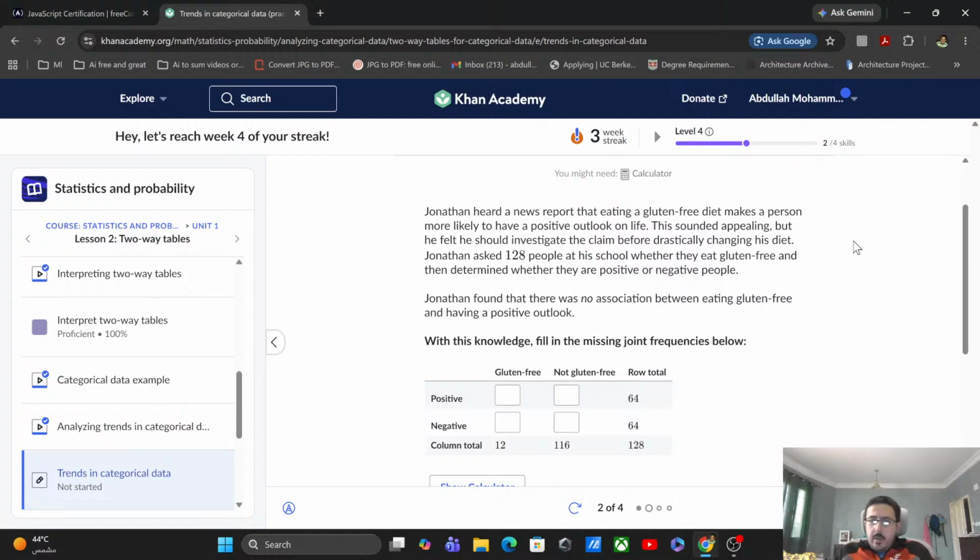The positive and negative totals, on the other hand, are 64 and 64, which means 50% were positive people and 50% were negative people. Either way, so 50%.